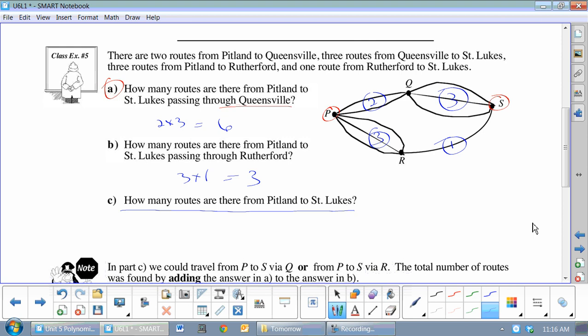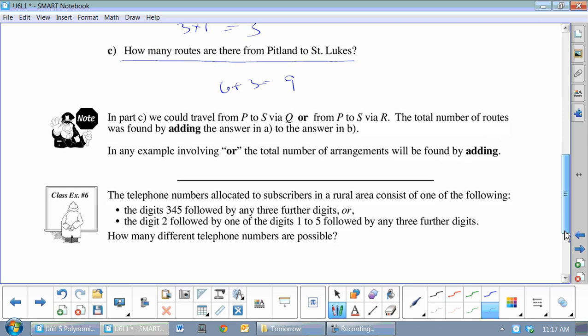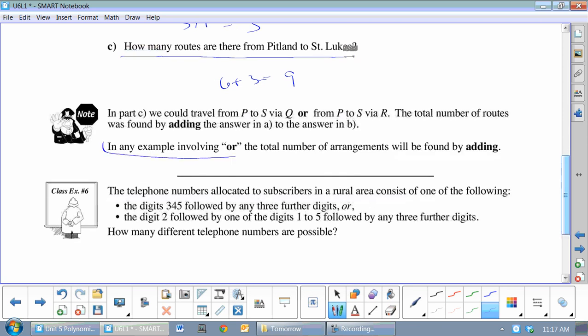Now, you can go from P to S through Q, or you could go from P to S through R. Or is a big word that means this, always. Okay? So you would go 6 plus 3. There's actually 9 different ways. Okay? So whenever you see an or, it will mean adding. And usually means multiplication.